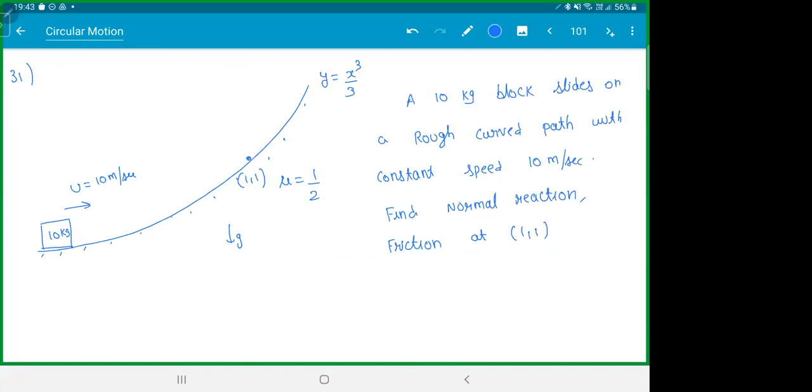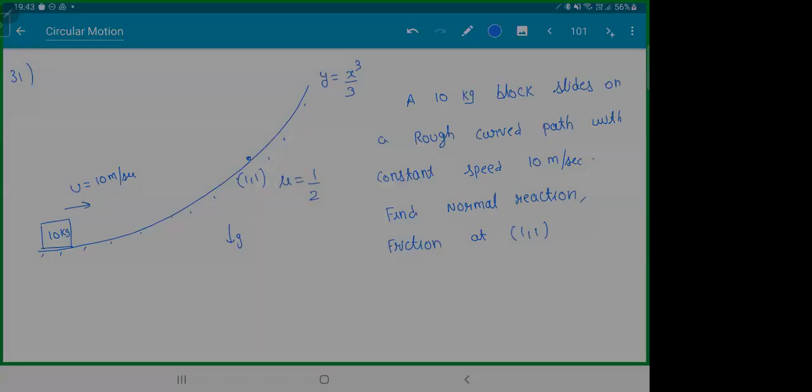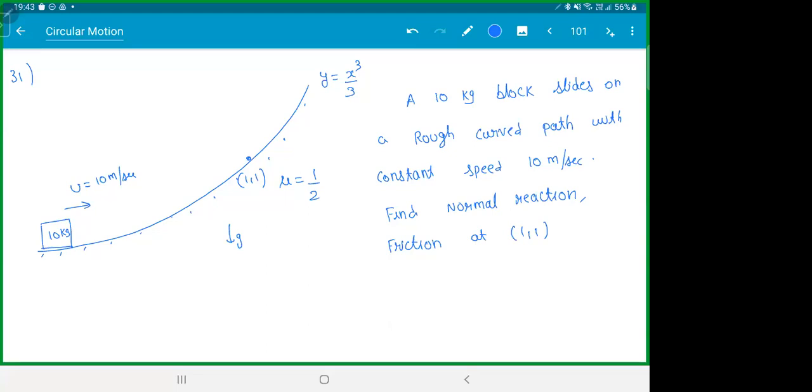So you have a curve y is equal to x cubed by 3, which is rough, mu is equal to half. This block is sliding with a constant speed. Once the friction is maximum. Find the normal reaction and the friction at (1, 1).